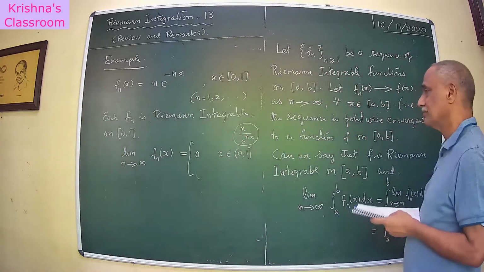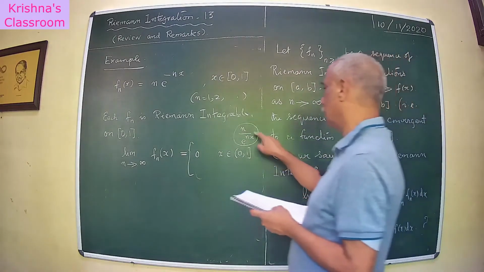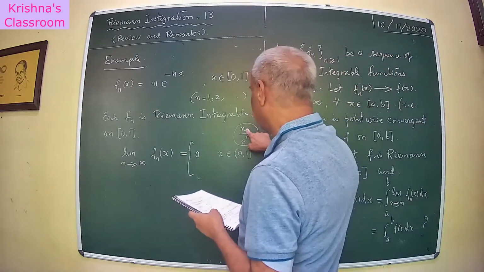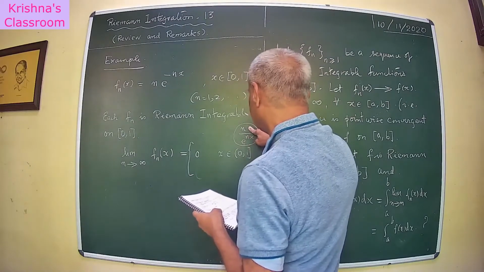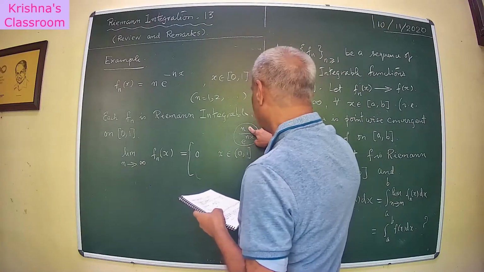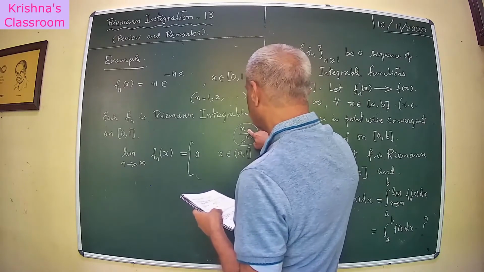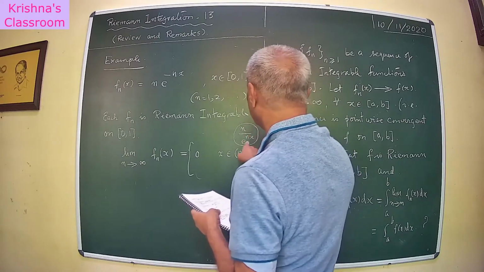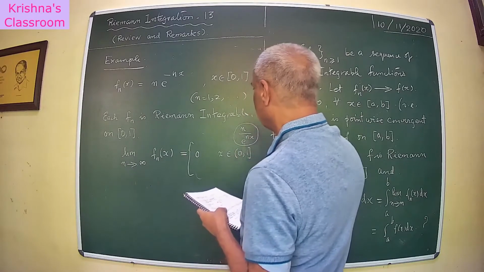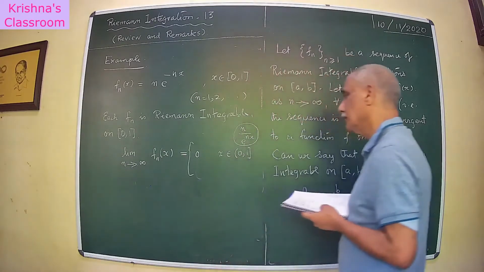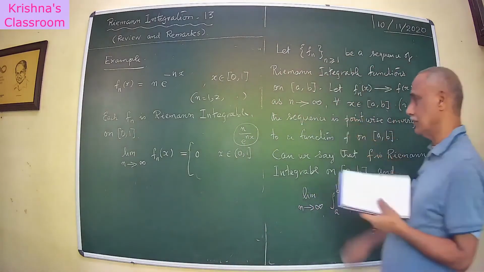If you look at n as a variable, as n tends to infinity, you have a term that goes to infinity, you have another term that goes to infinity. So it's the limit of this ratio.